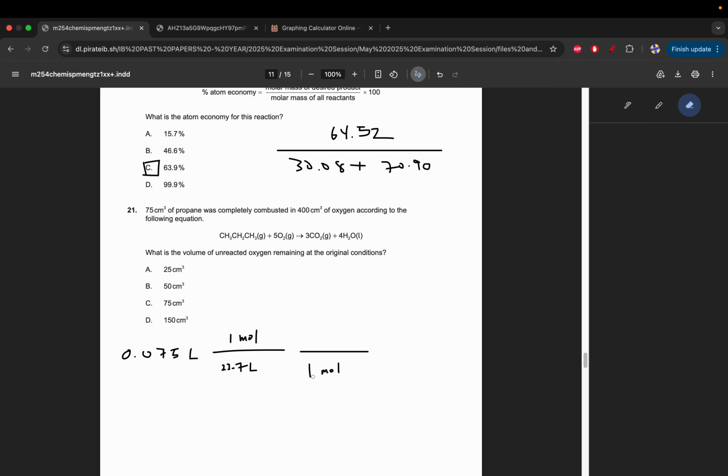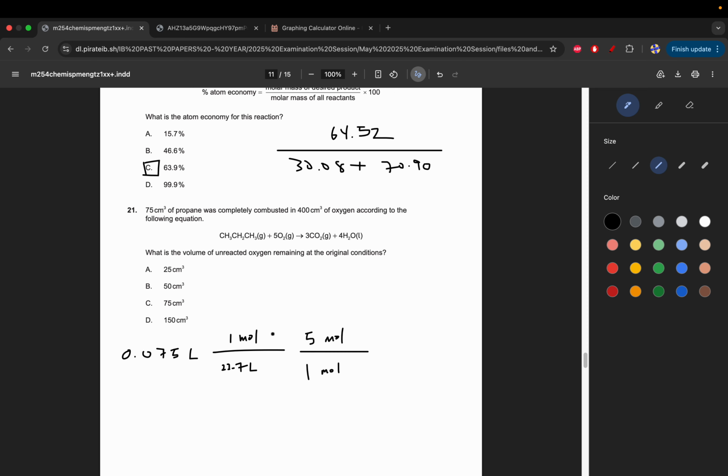So oxygen is going to be 5. Or this is 1 mole of the thing. So this is going to be 1 mole and that's going to be 5 mole of oxygen. This is like propane. This is oxygen. And again, this is 1 mole and 22.7 liters.